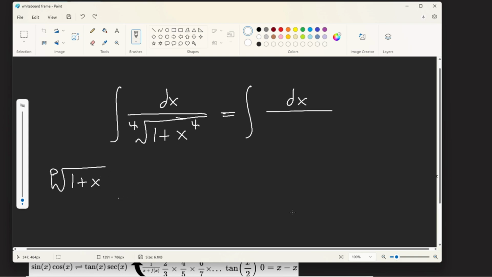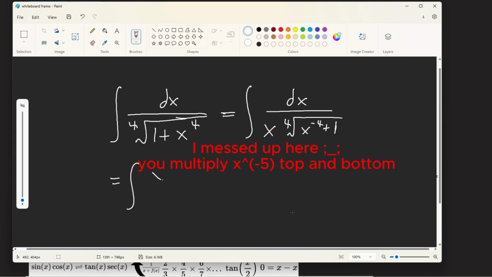I think it's called the Chebyshev binomial integral formula, but pretty much you just factor out x^4, right? You get x to the negative 4 plus 1, and then now you have x cubed, multiply x cubed top and bottom, you get this.